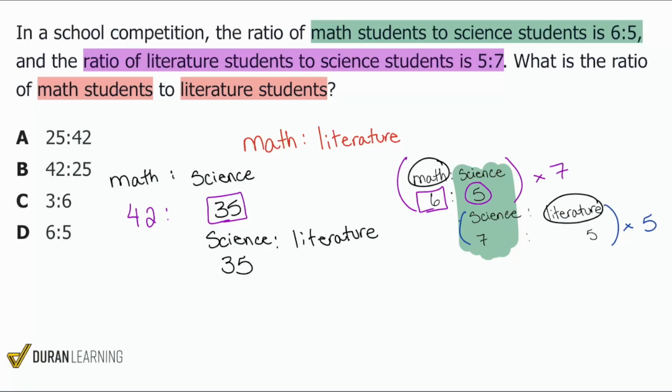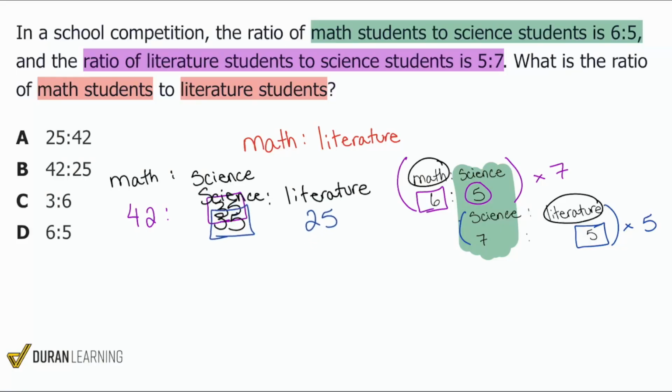So here we go, everybody. 7 times 5, that's 35. That's good. And now over here, what's 5 times 5? Oh, yeah, that's 25. Cool. There it is. Boom.